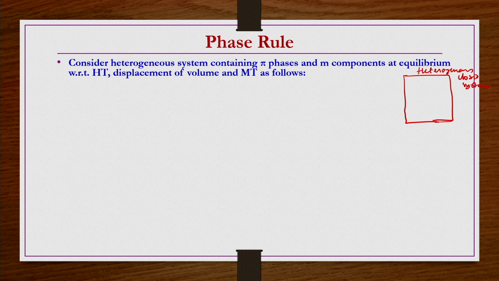For simplicity, let us take two phases. We take a liquid phase L and then there is a vapor phase V. The properties within the liquid, the density etc., are constant, uniform.